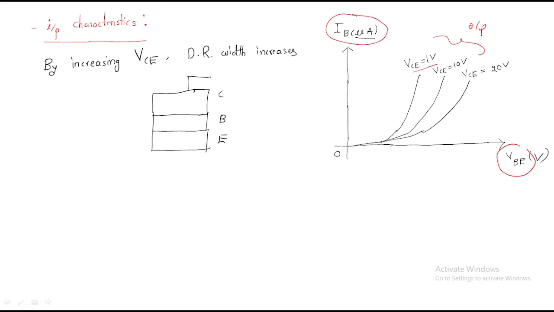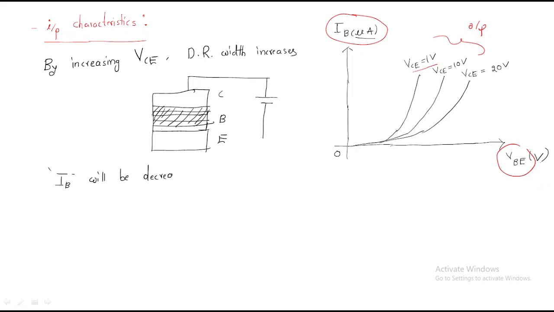Whenever VCE increases, the collector side is positive and the other is negative. This is the reverse bias, and the initial depletion region is like this. By increasing VCE, the depletion region width increases, and due to this the base current will decrease.